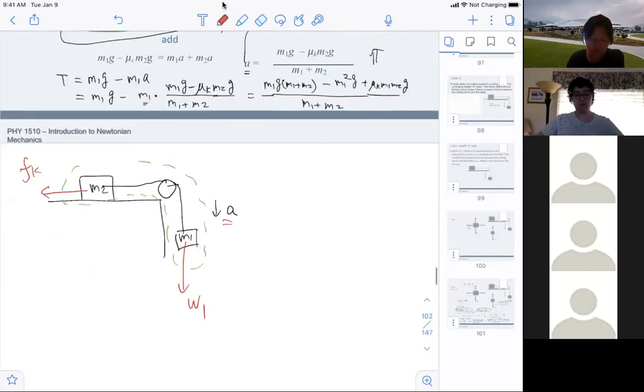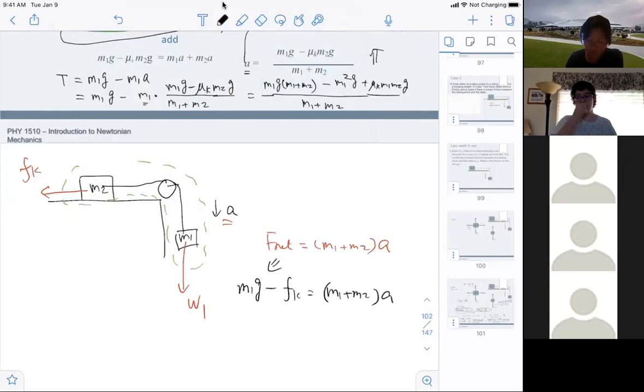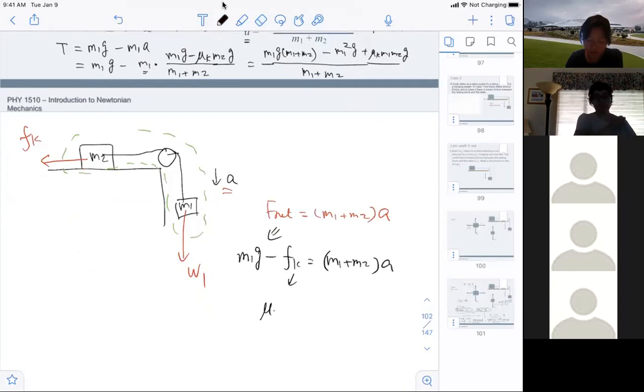So you do Newton's second law for the entire system, which is M1 and M2 together. You will have M1 g minus friction is equal to (M1 plus M2) a. Now friction is mu times M2 g. That's the normal force. So that's just one extra step you need to go.